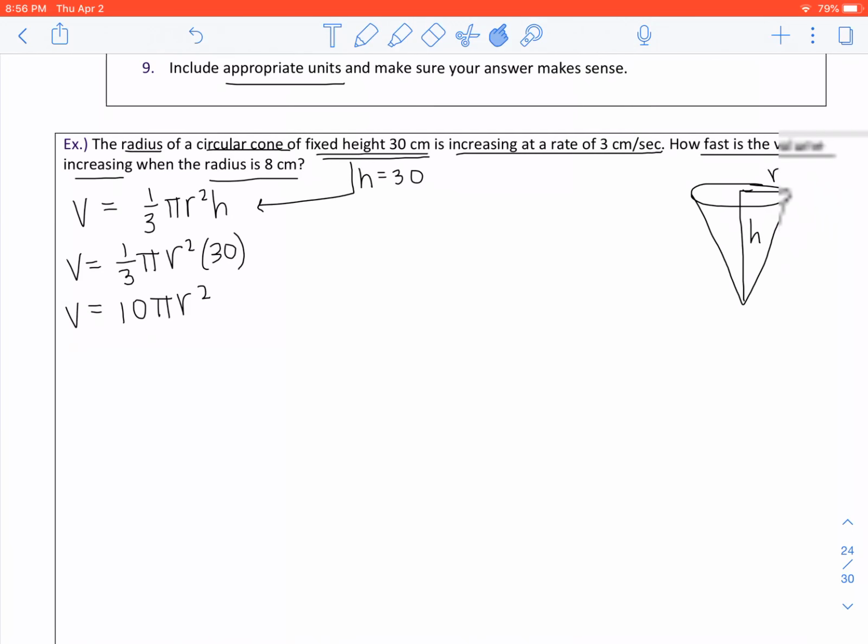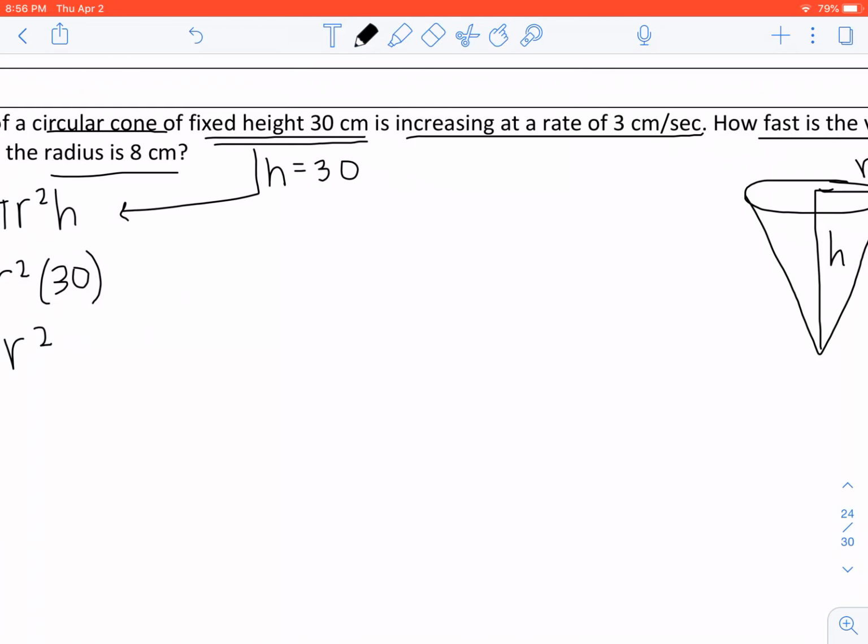So it wants us to find how fast the volume is increasing when the radius is 8 centimeters. And we also know that the radius is increasing at a rate of 3 centimeters per second. So we know that dr/dt is equal to 3 centimeters per second.